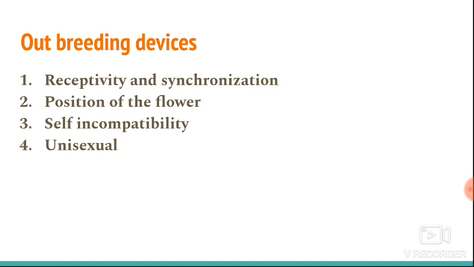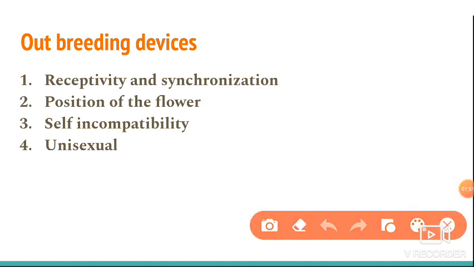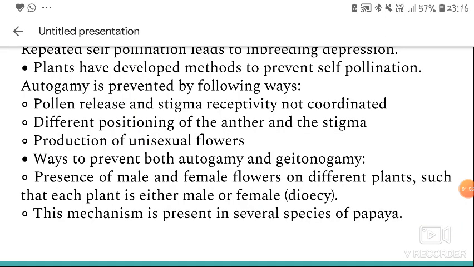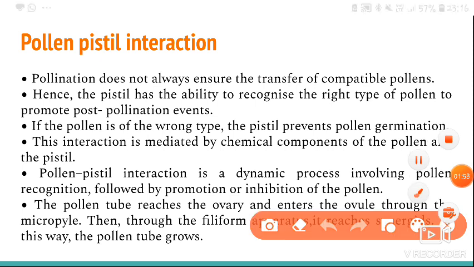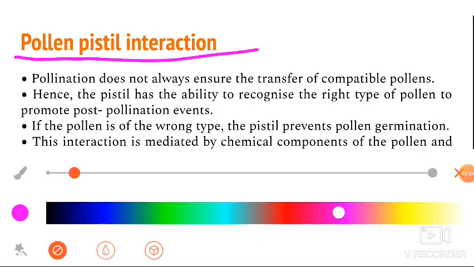Okay, these are the four important outbreeding devices. All these points we completed in the last class. And now we'll move on to the next concept, that is pollen pistil interaction. Pollen pistil interaction is also one of the important concepts, please remember.